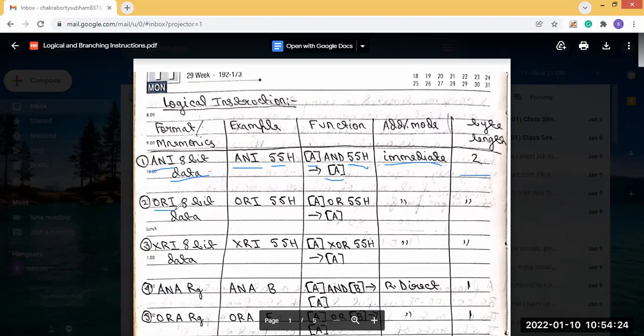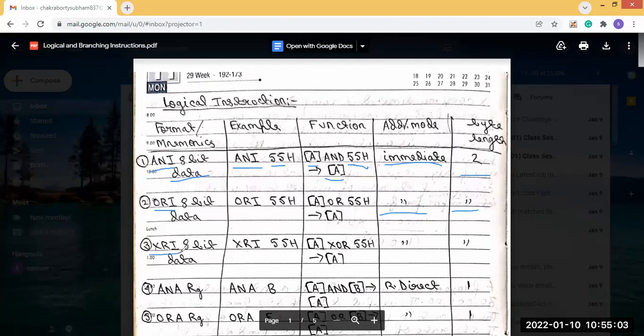ORI means OR immediate. The content in the accumulator and the 8-bit data will have the OR operation performed, and the result will be stored into the accumulator again. The addressing mode is immediate, and since 8-bit data is mentioned, the byte length is 2.